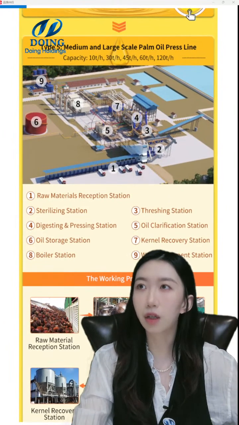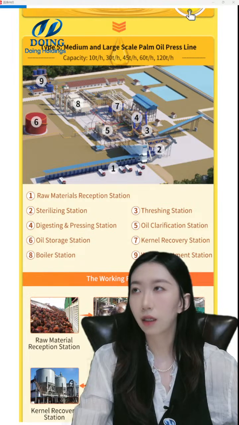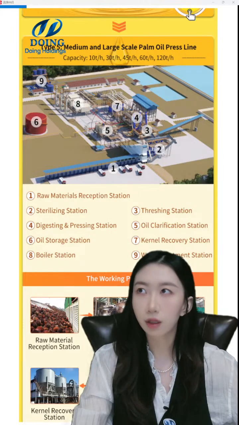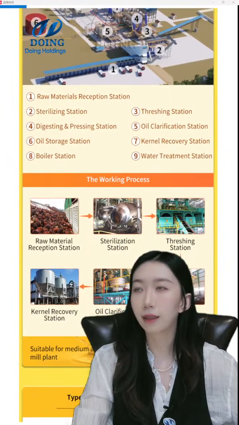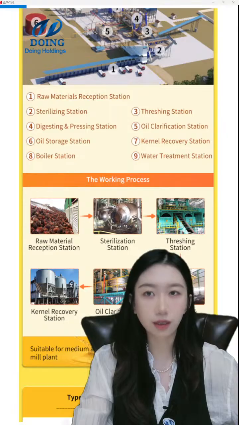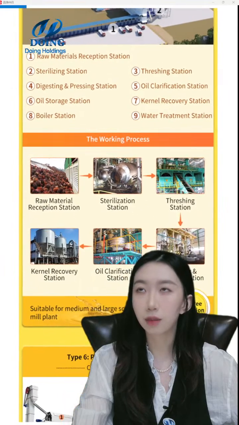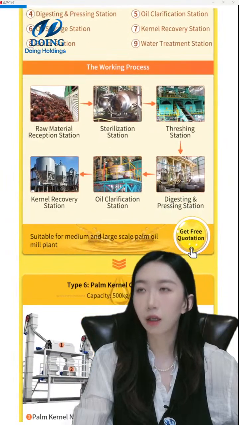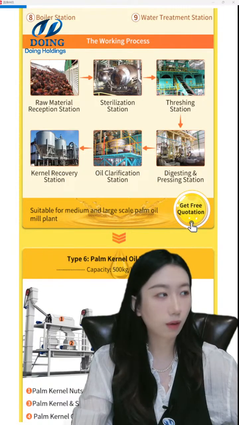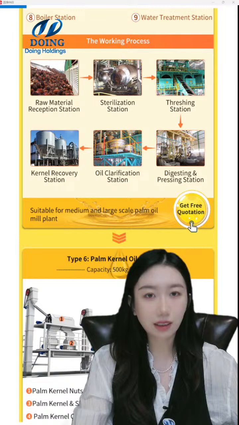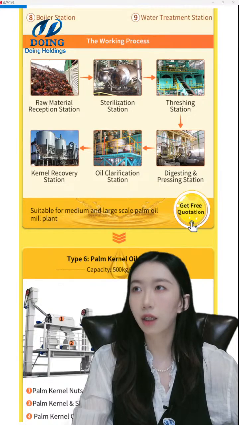Next is the medium and large scale palm oil press line. It has a capacity of 10 to 120 tons per hour, and in this production line, the equipment is more, the process is more, and oil waste is lower. The quantity of crude oil is higher.